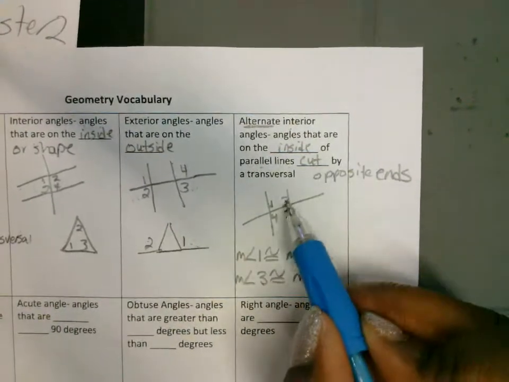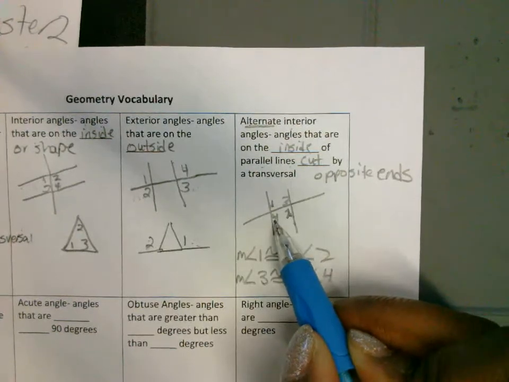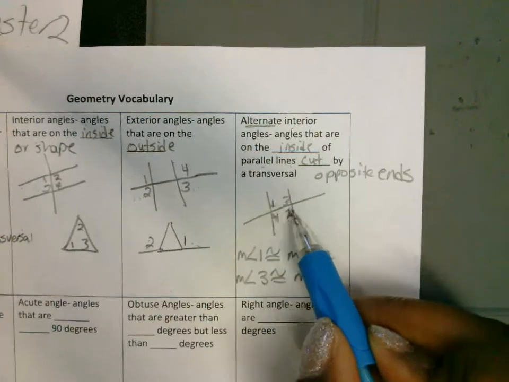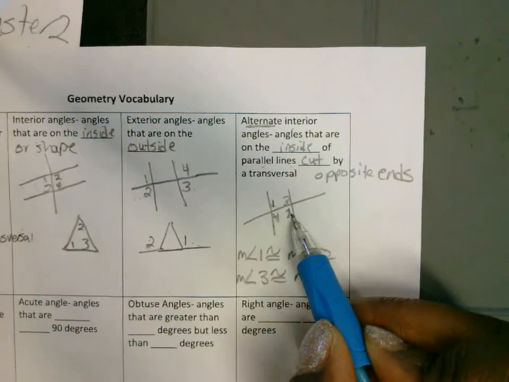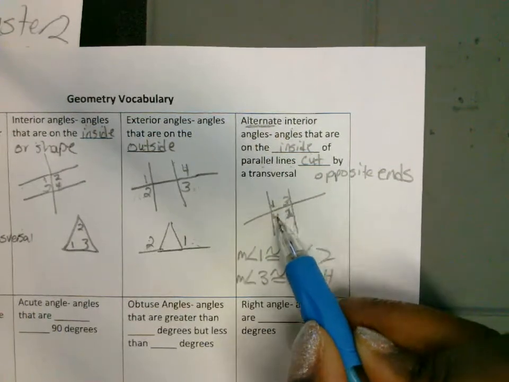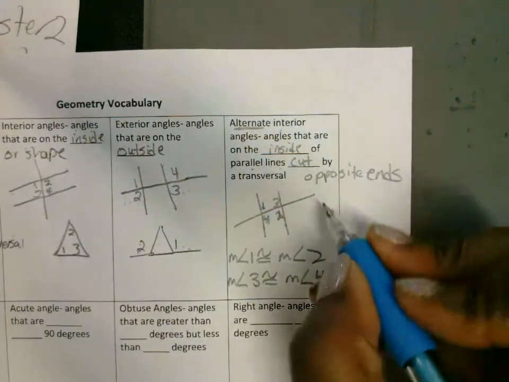They are also congruent. So if this is 50 degrees, then this would be 50 degrees. If this was 130, then this would be 130. So these are alternate interior angles. Alternate interior angles are congruent.